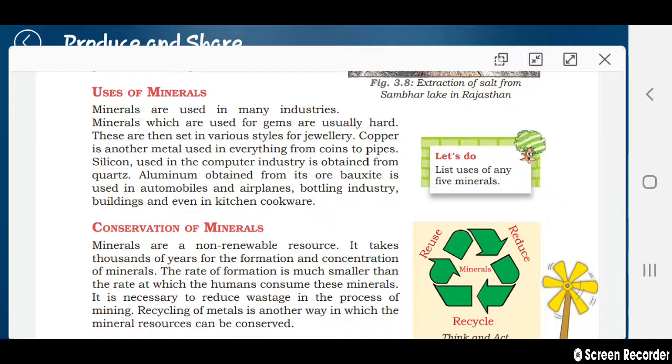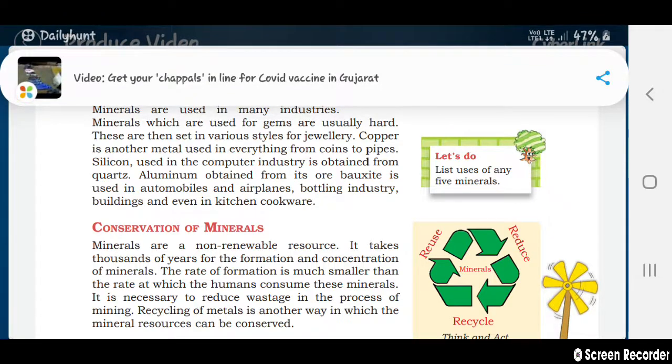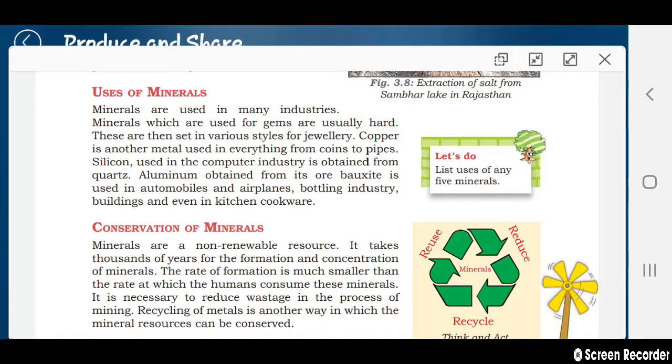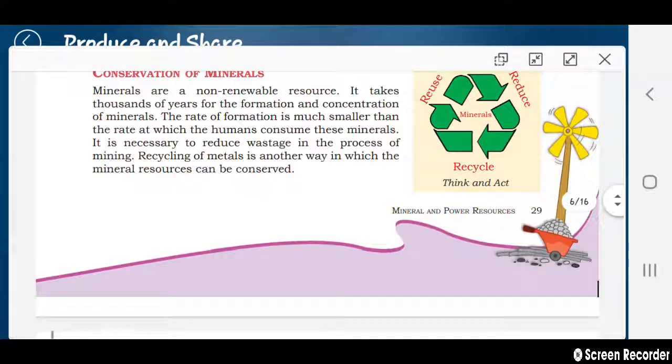Silicon, which is used in the computer industry, is obtained from quartz. Aluminium is obtained from its ore bauxite and is used in automobiles, aeroplanes, the bottling industry, buildings and even kitchen cookware.